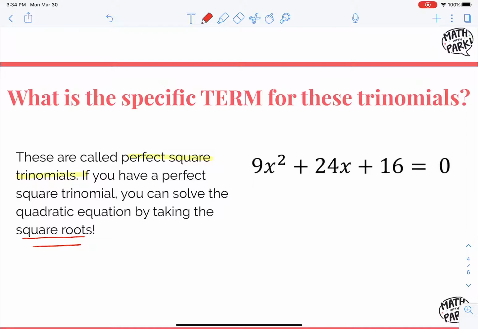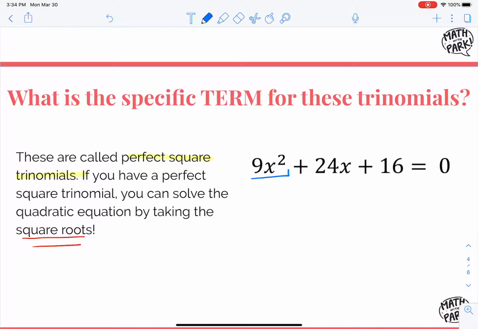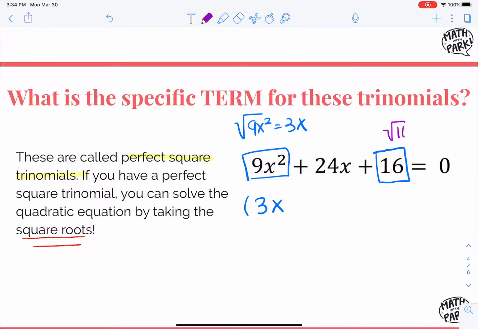So to solve, what you can notice is that 9x squared is a perfect square and 16 is a perfect square, meaning that the square root of 9x squared is 3x, right? Because the square root of 9x squared is 3x, and the square root of 16 is 4.